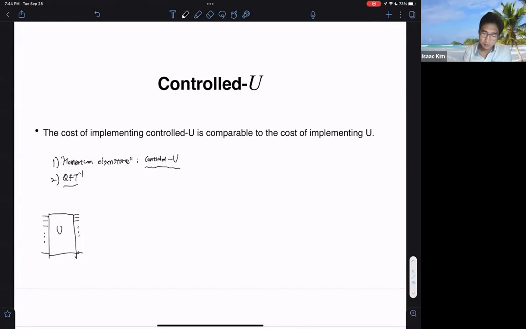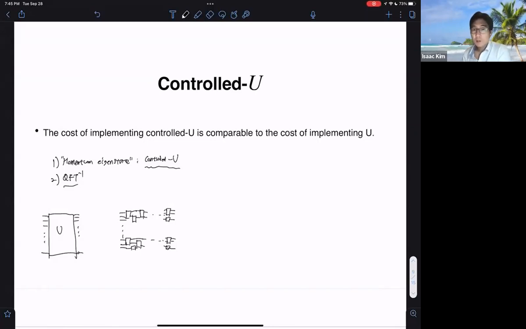But if you look into this black box, we can decompose it into 1 and 2 qubit gates.